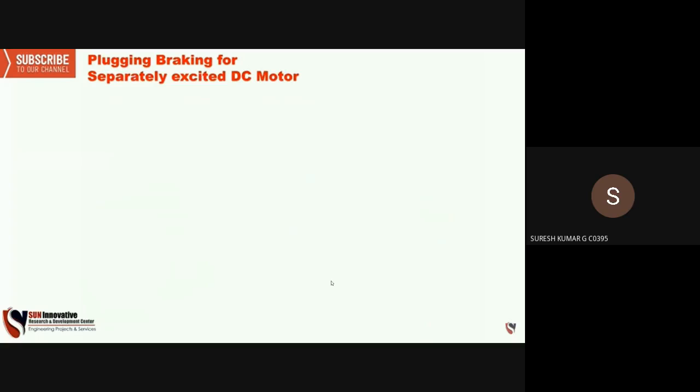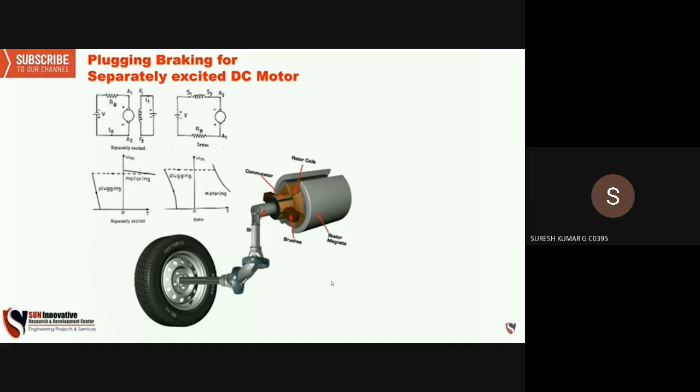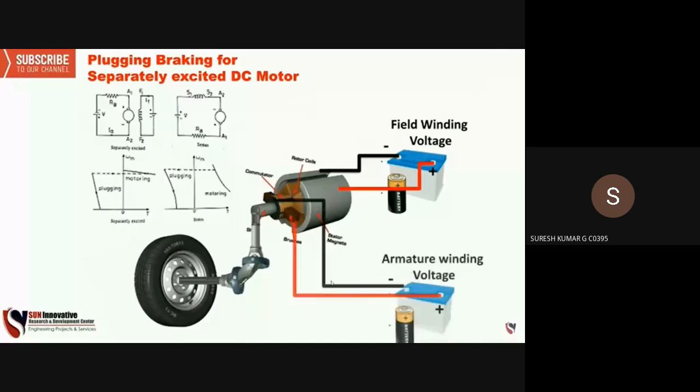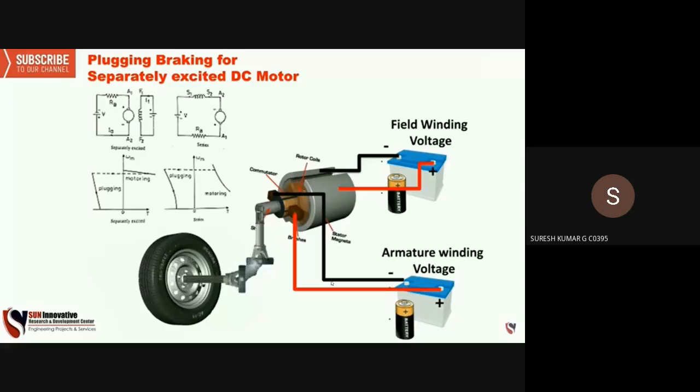Next is plugging braking for a separately excited DC motor. So the figure is again shown there. This is theory. So again, according to the circuit, field winding and armature winding voltage is connected, powering this. So this is going to rotate this way, and this is only one mode, that is called motoring mode.